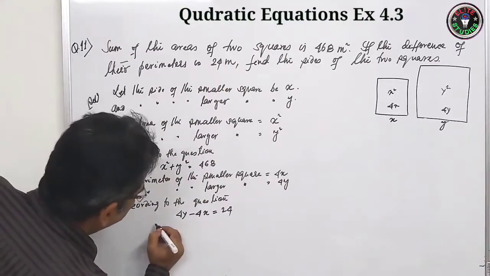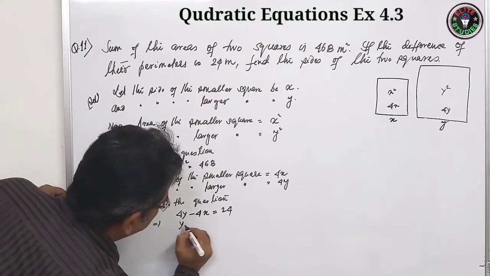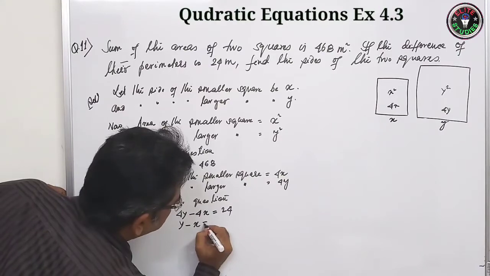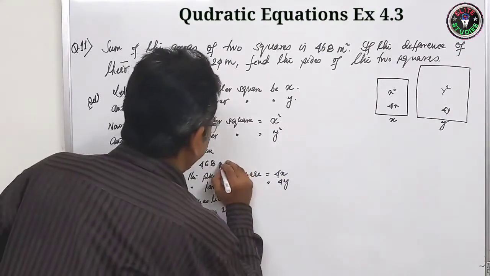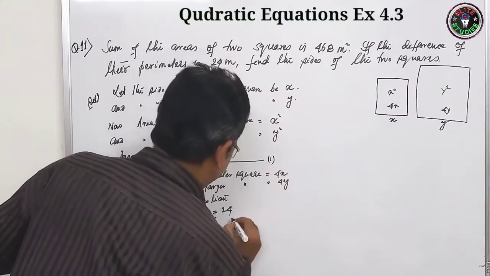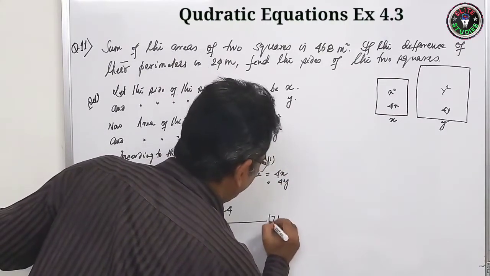If you simplify, dividing by 4, we get y minus x is equal to 6. So this is equation 1 and this is equation 2.